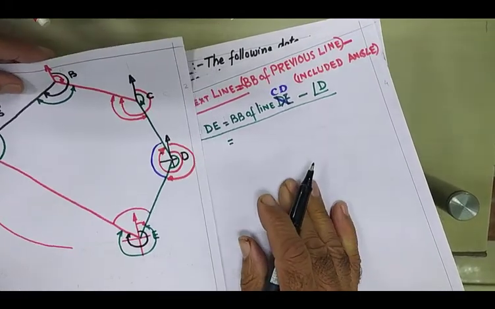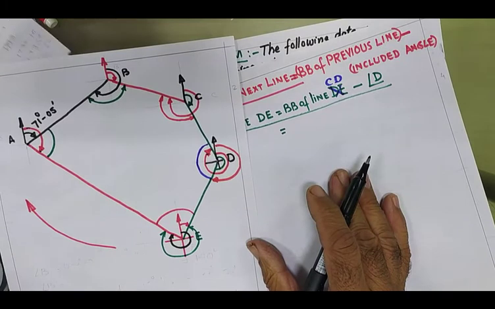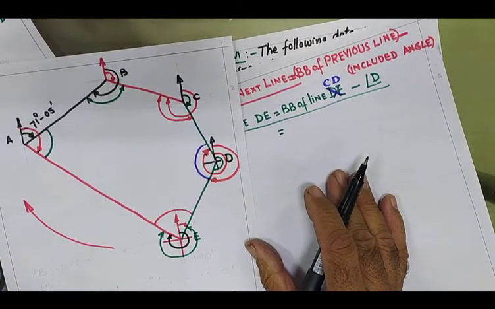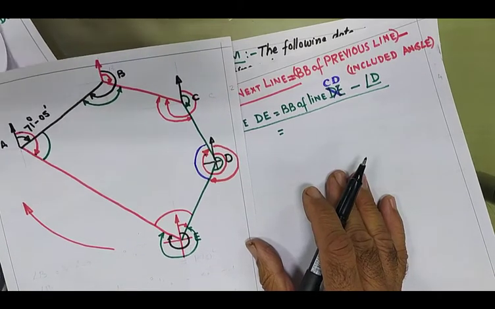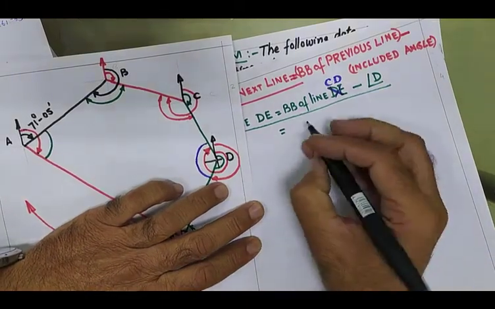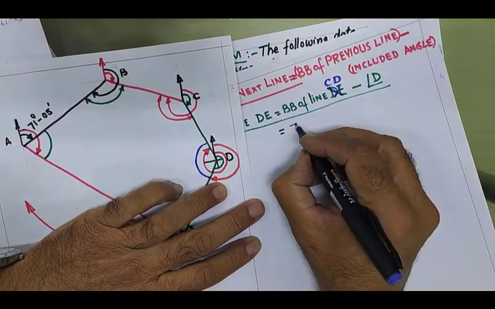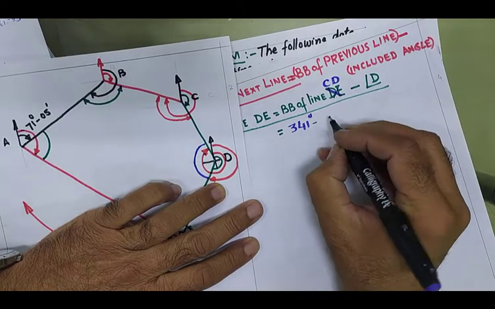For this I can substitute this value. The back bearing of line CD is given as 341 degree 45 minutes.